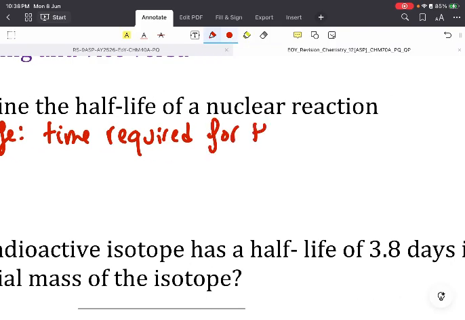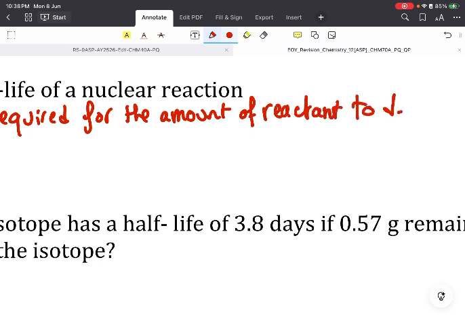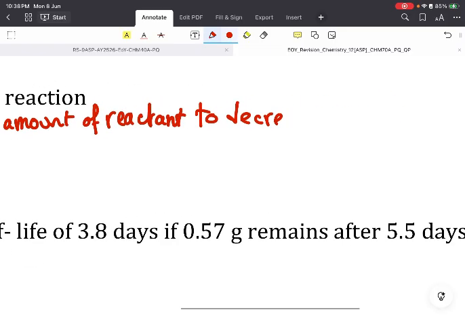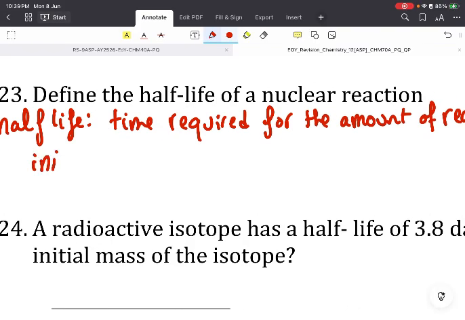for the amount or concentration or mass or whatever quantity of parent nuclide you have, the amount of reactant to decrease to half of its initial value.